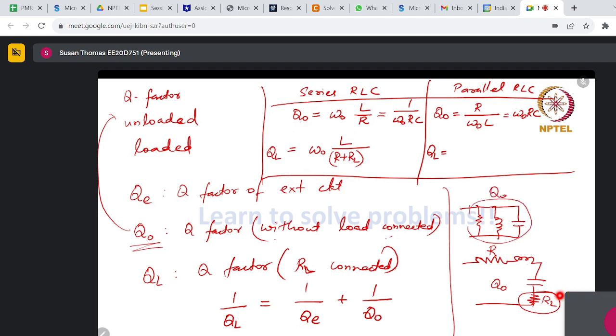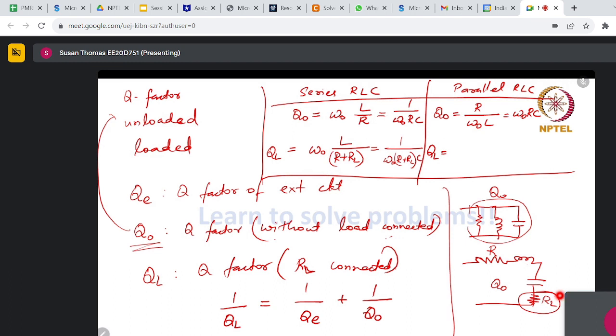Madam, for series RLC, the QL is equal to that expression, no? You can also write it like this: 1 by omega naught into R plus RL into C. So I have written only one equation.